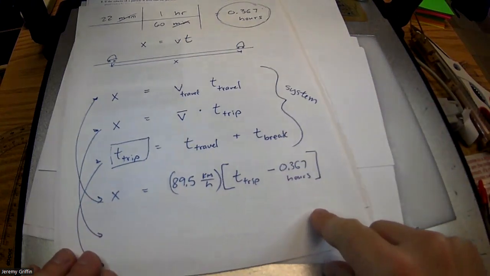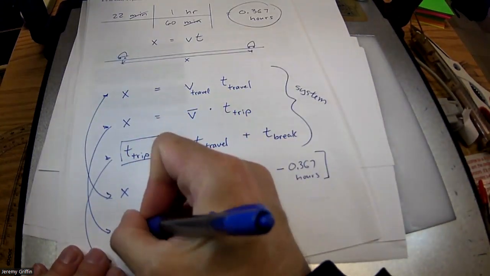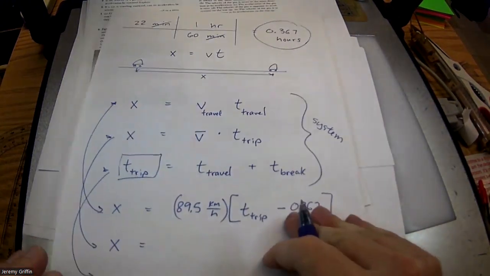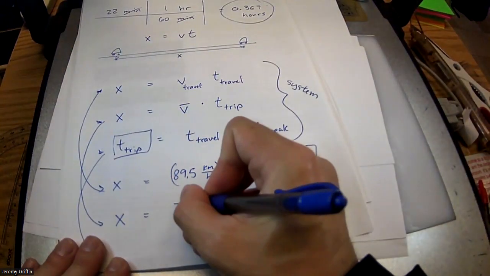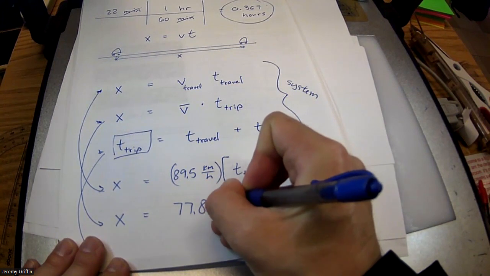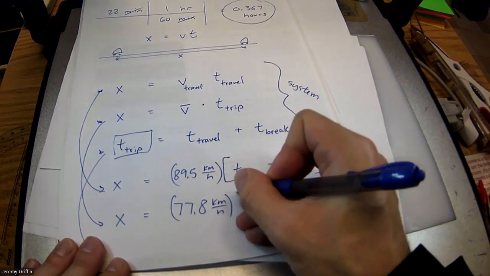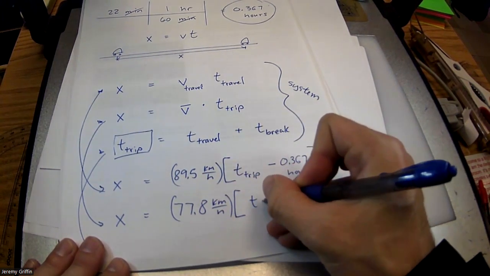We also have, in terms of averages, the average speed, which was of course slower because that includes the break. So it'd be 77.8 kilometers per hour, but just times the trip time.